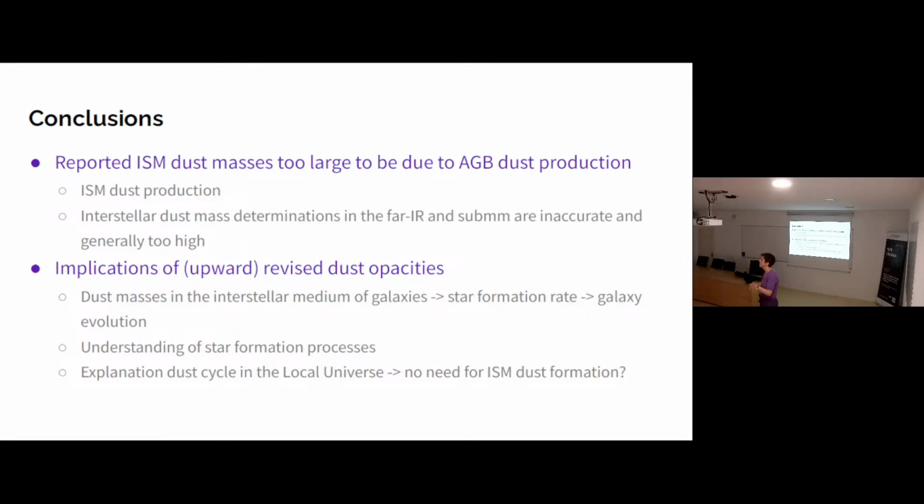So we know it forms dust, and we just haven't quite put a finger on how efficient it is, or if it is efficient, how efficient the shocks are in destroying it again. So yes, it's a very complicated matter, and the observational data doesn't really help us as much as with AGB stars.